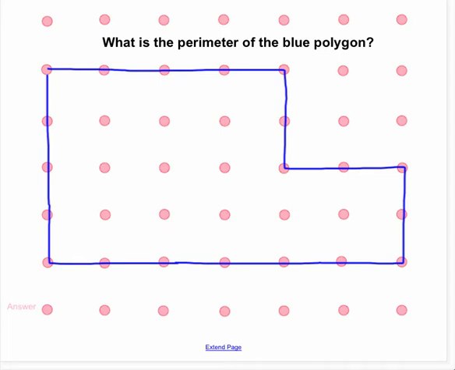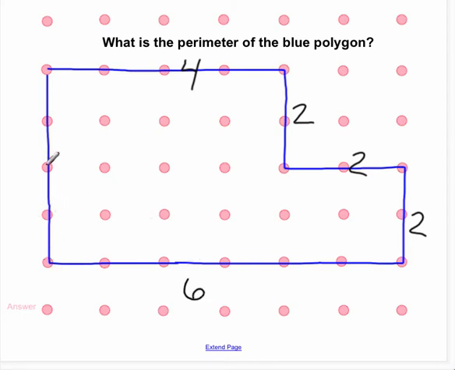What is the perimeter of the blue polygon? Okay, again, we want to count the distance between the pegs. So this would be 1, 2, 3, 4. Here we have 1, 2, 1, 2 for this side, 1, 2 for this side, and we have a great big side on the bottom. 1, 2, 3, 4, 5, 6.